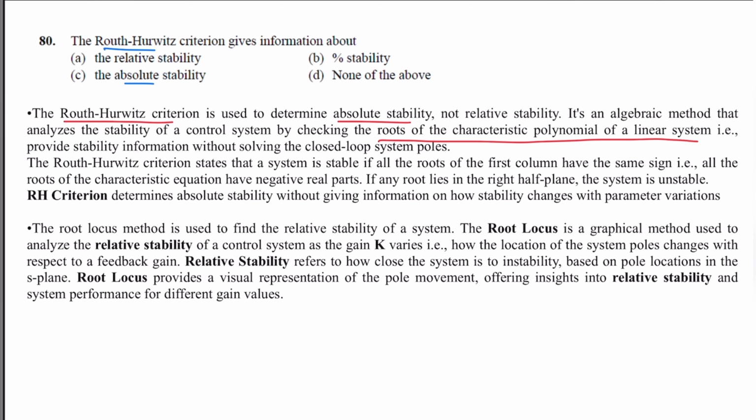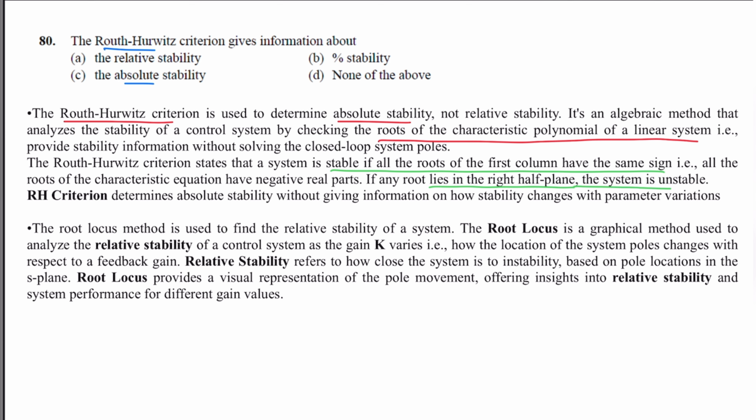This RH criteria states that the system is stable if all the elements of the first column have the same sign, that is, all roots of the characteristic equation have negative real parts. If any root lies in the right half of the S plane, then the system is unstable.